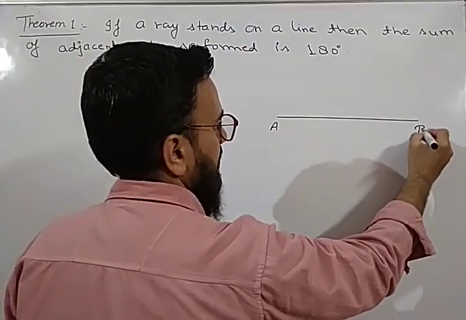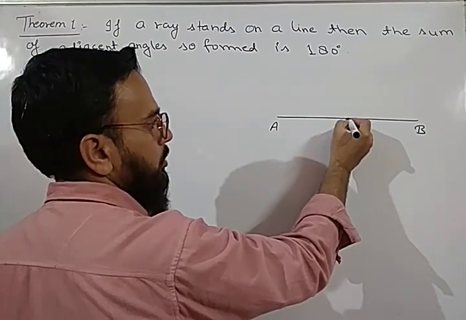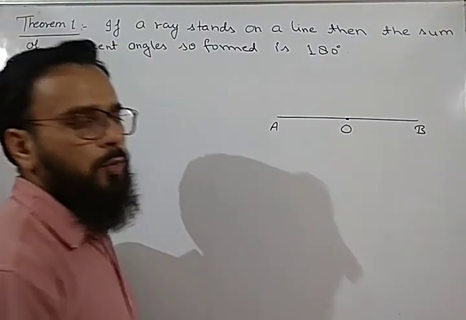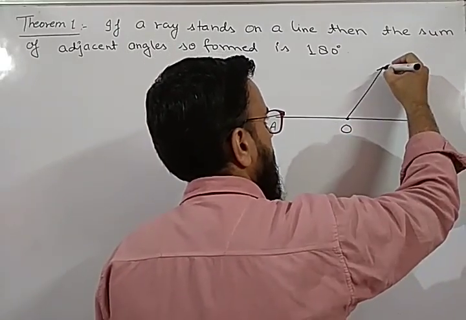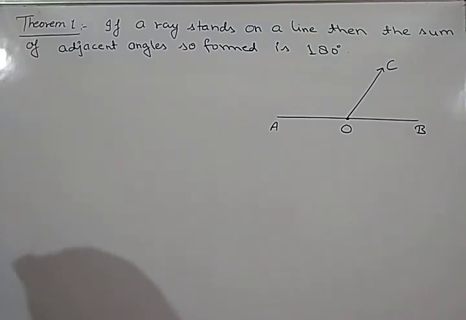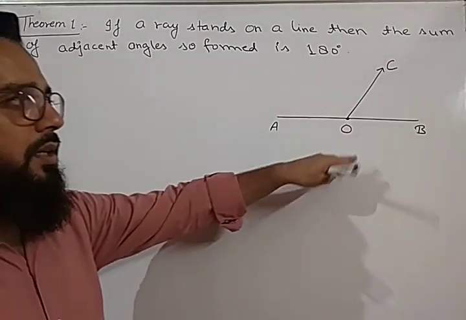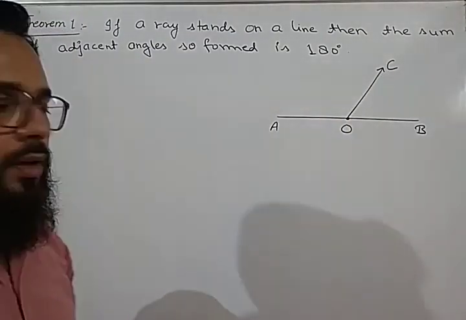Suppose this is a line segment AB, and from this line segment let us consider a point O. Suppose this is our point O and a ray stands on this line. Let us consider this ray is OC. So this is our line AB and a ray OC stands on this line segment AB.